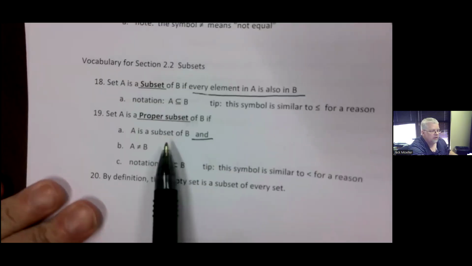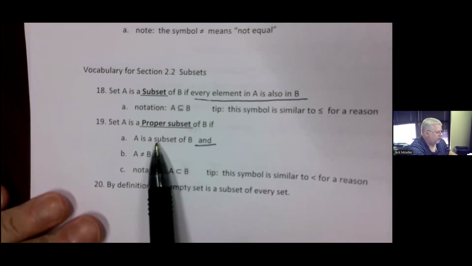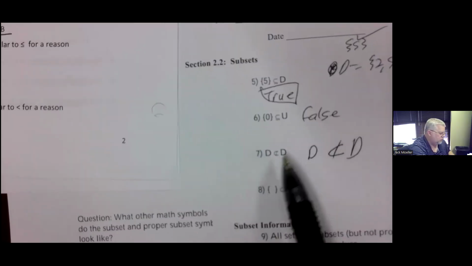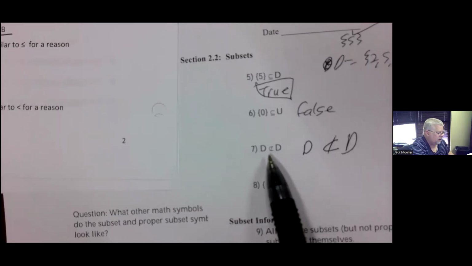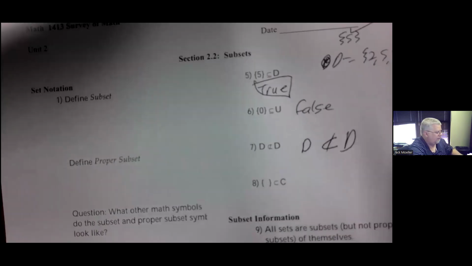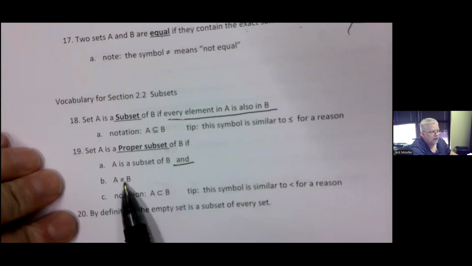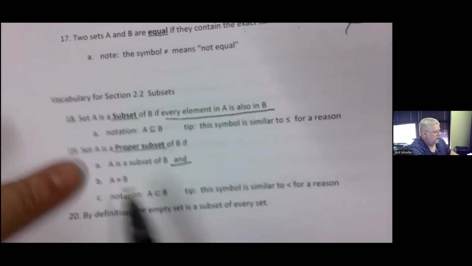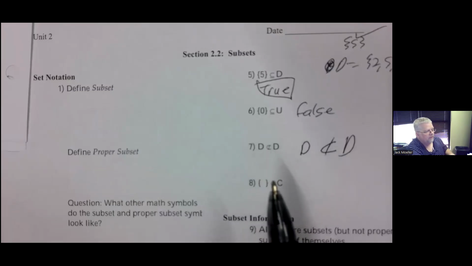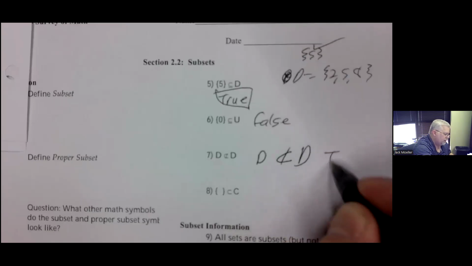It has to be a subset, so every element in D is in D. So this is a regular subset because every element over here is in here. But to be a proper subset, the other thing we have to know is they can't be equal. So D cannot be equal to D to be a proper subset. So that says D is not a proper subset of itself. So when it says not a proper subset, that's true.